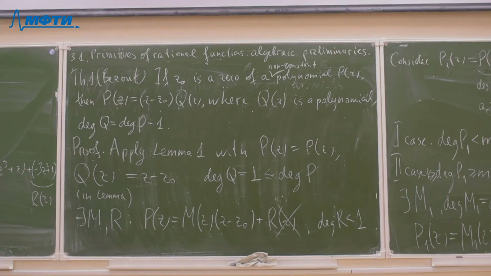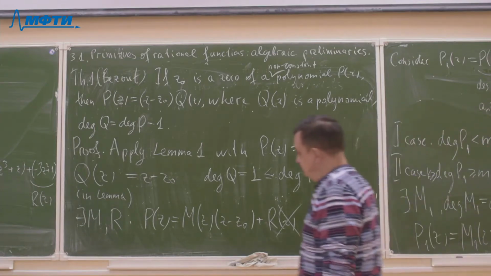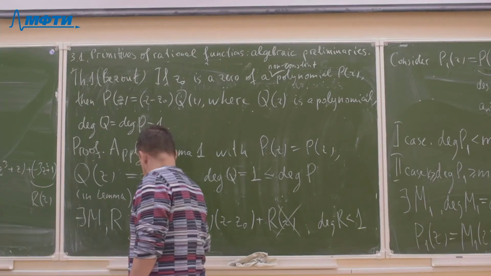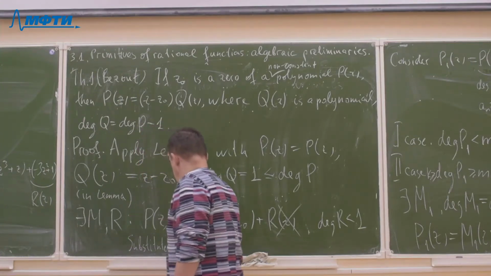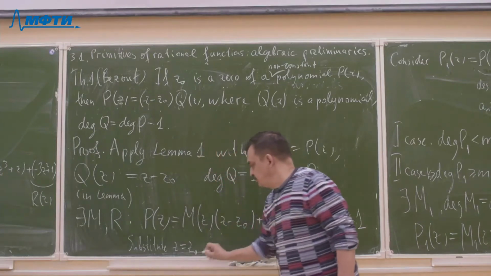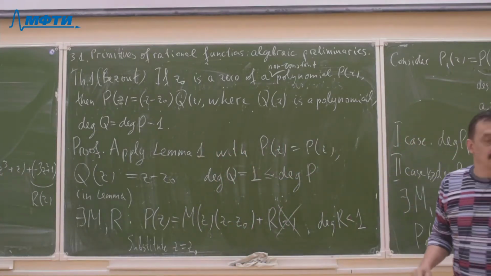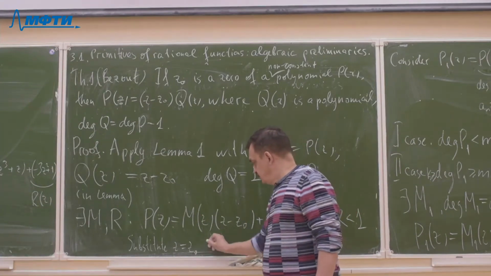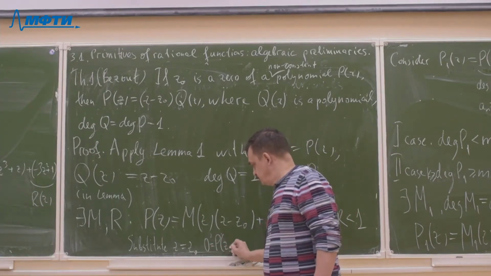But now what can we do? We can substitute Z equals Z0. And what do we obtain? P of Z0 is 0, right?